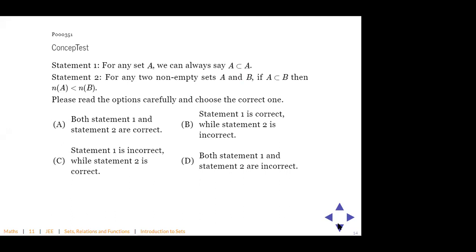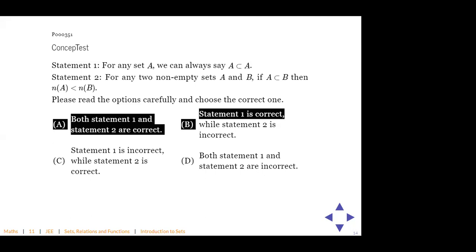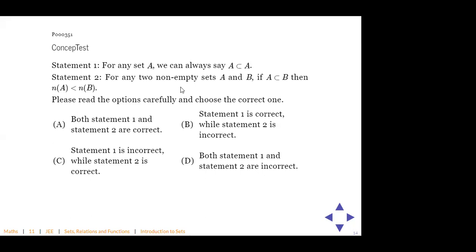Statement 2 says for any two non-empty sets A and B, if A is a subset of B, then the number of elements of A is less than the number of elements of B. Think about it, concept test. So I'm getting all 3 answers for now. Let's see, I got all the answers.